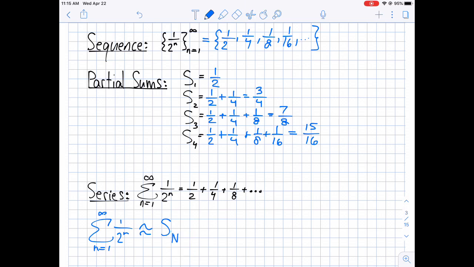Now, intuitively, if I increase the number of terms being added up, if I were to add up 100 terms compared to the first four terms, my approximation should be getting better and better. So if I increase the number of terms, the approximation gets better and better. And so if I take the limit as capital N approaches infinity, where capital N is the number of terms in my partial sum, then that limit is going to be exactly equal to our infinite series.